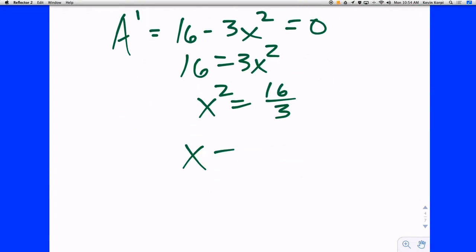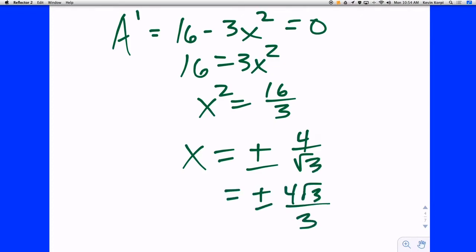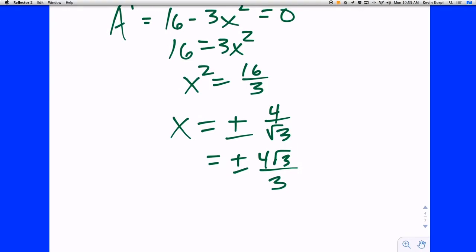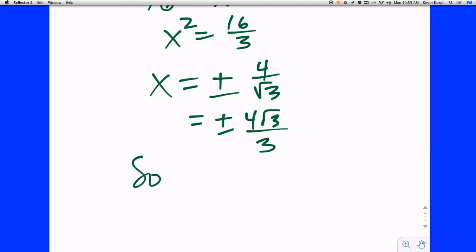And if I take the plus or minus square root, I get the square root of 16 over the square root of 3. 4 over the square root of 3, or 4 square root of 3 thirds, however you want to write it. Now, do I want both of those in this case? I just want the positive one, because I'm in quadrant 1.